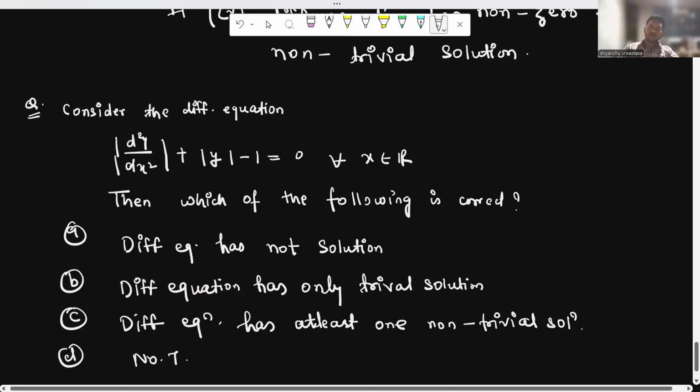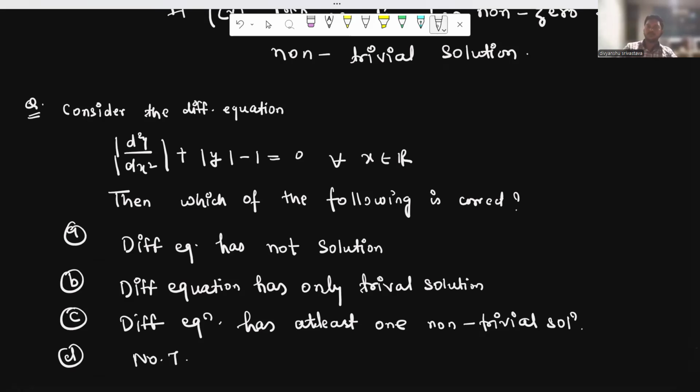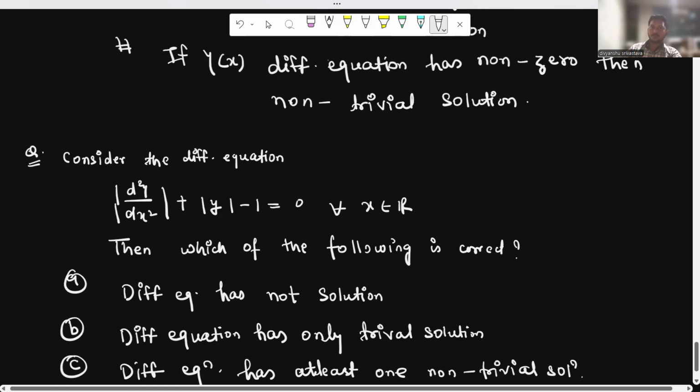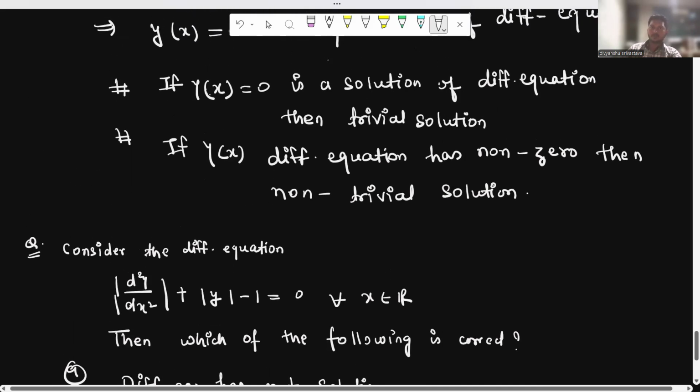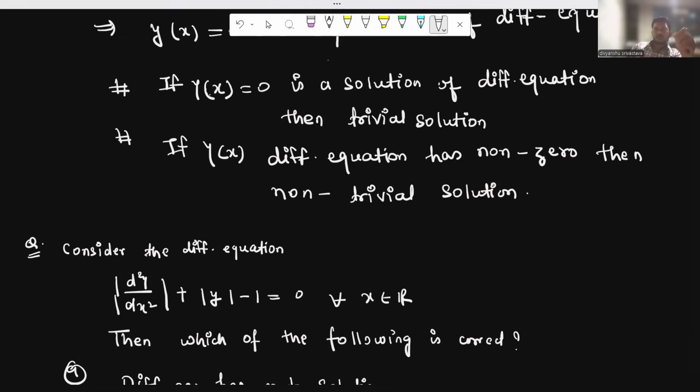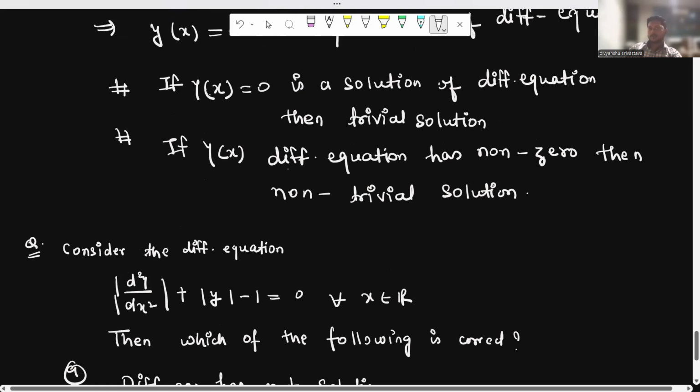So hopefully you understand trivial solution and non-trivial solution very well. In a trivial solution, the value is equal to 0. If you get a non-zero value, then it is a non-trivial solution.